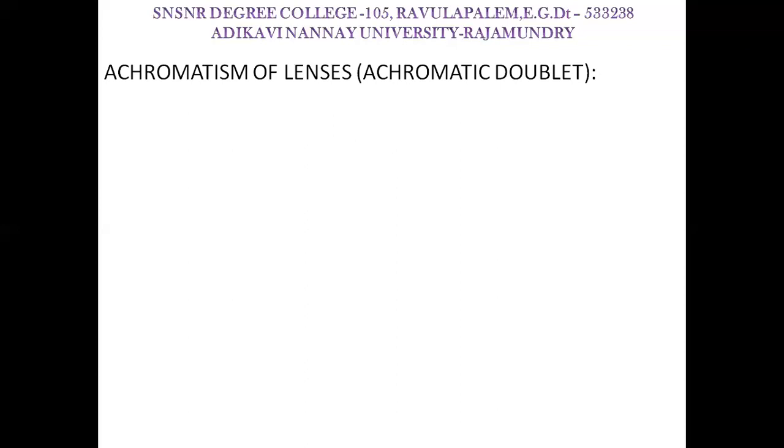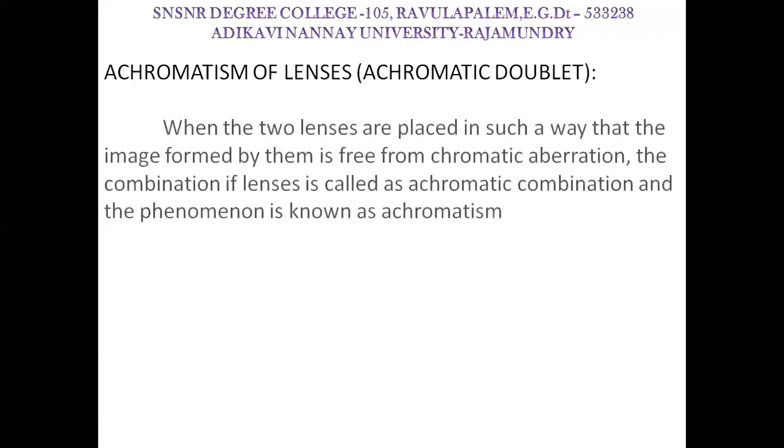Right. The next topic is achromatism of lenses, that is, the achromatic doublet. By using an achromatic doublet, we can minimize the chromatic aberration. What is meant by achromatic doublet or achromatism?